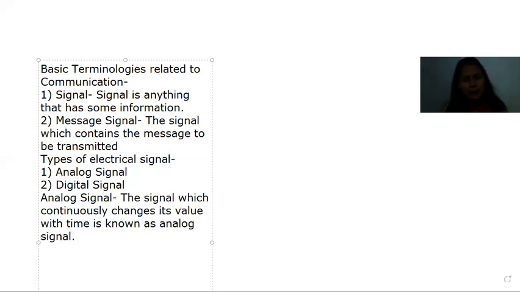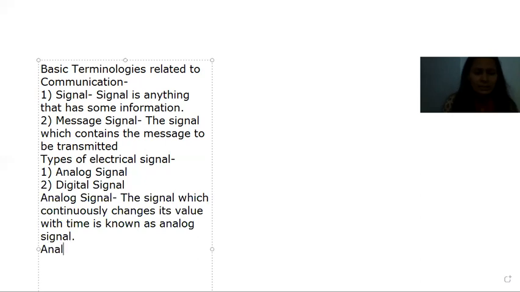Analog signal is a type of signal in which the values continuously change with respect to time. So a signal that changes its value continuously with respect to time will be an analog signal.